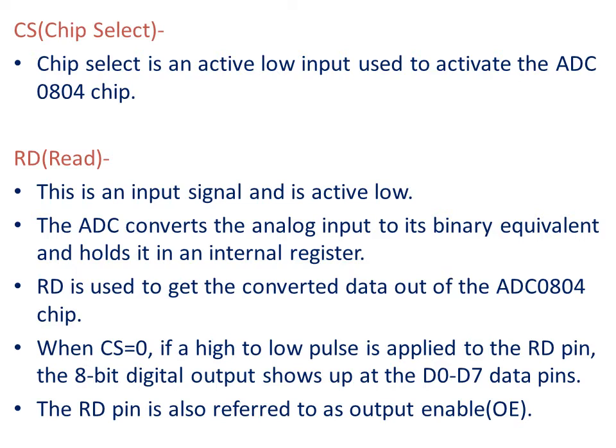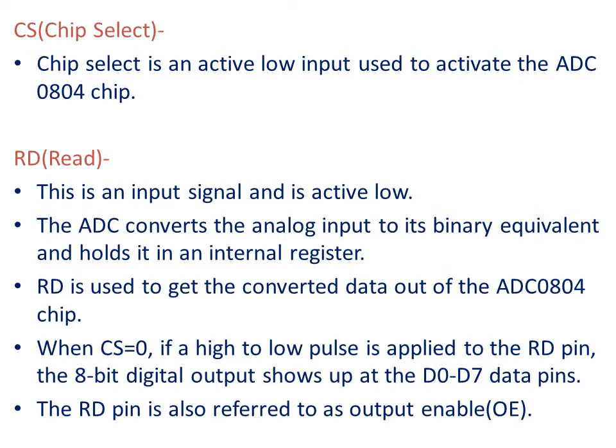The next pin is RD, that is read pin. This is an input signal and is active low. The ADC converts the analog input to its binary equivalent and holds it in an internal register. RD is used to get the converted data out of the ADC 0804 chip.